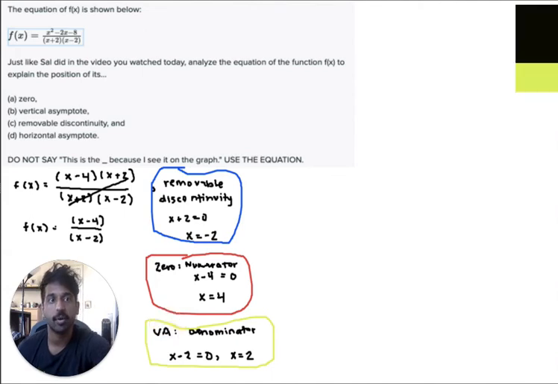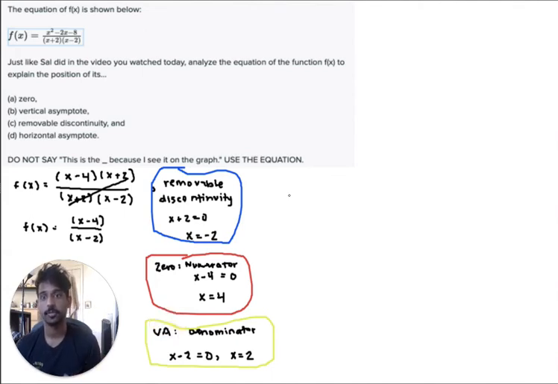We need to find that horizontal asymptote. How do we do that? Well, for horizontal asymptote, we're looking at end behavior. What happens at the very end? Here we have f of x equals x minus 4 over x minus 2, right? And we only care about the leading terms. Well, here both the leading terms are just x, so we get that approximately equals x over x.